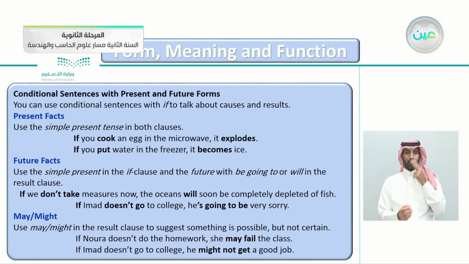Let's look at some examples here. If we don't take measures now, this is the if clause, we use the simple present. Now we're going to the result clause: the oceans will, this is the future will, soon be completely depleted of fish.